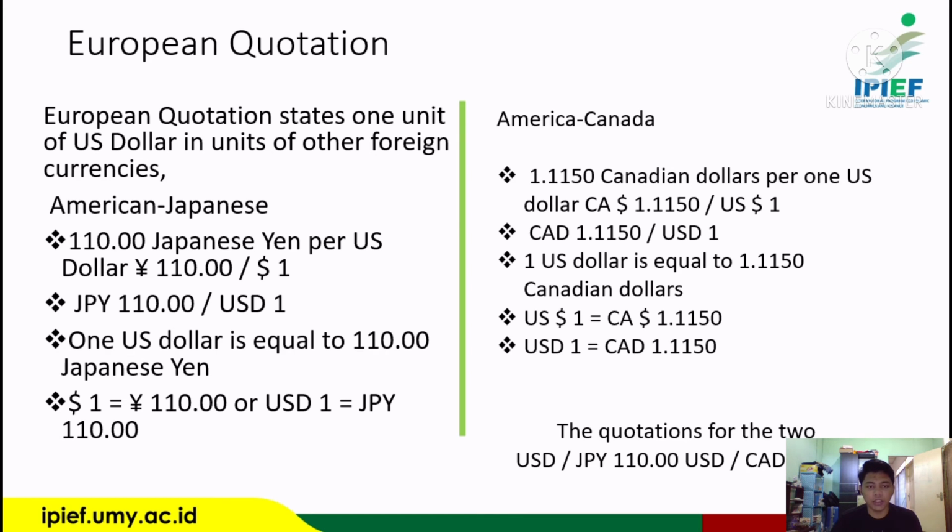For another example, America over Canada: 1.11 Canadian dollar is equal to 1 US dollar. How do we interpret that? 1 US dollar is equal to CAD 1.1. The quotation for the two can also be seen in my presentation.